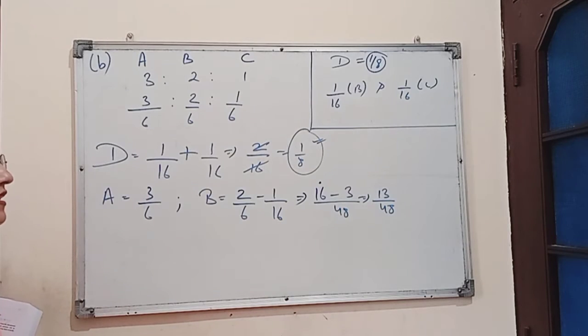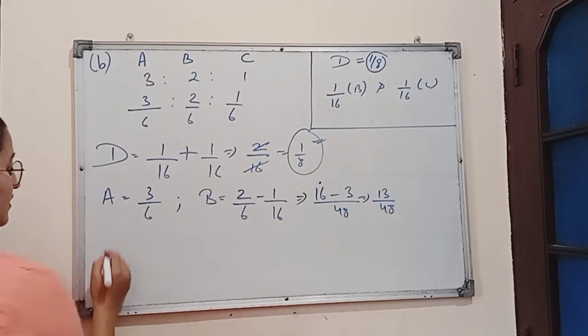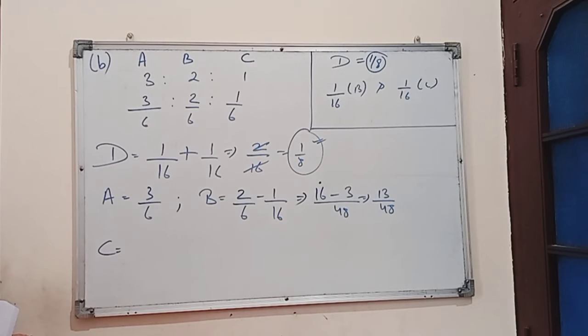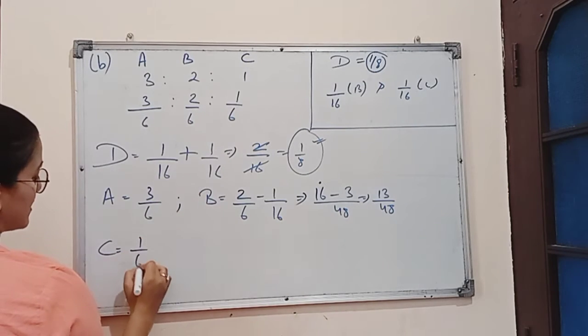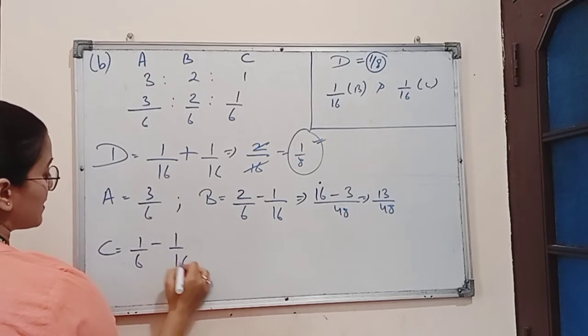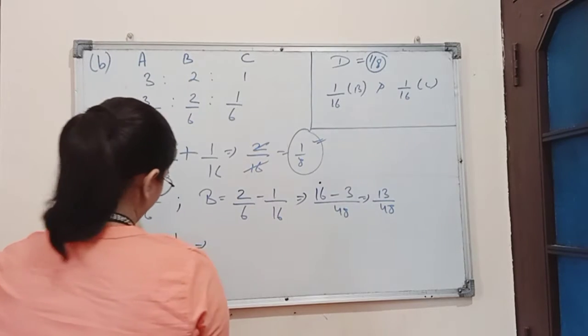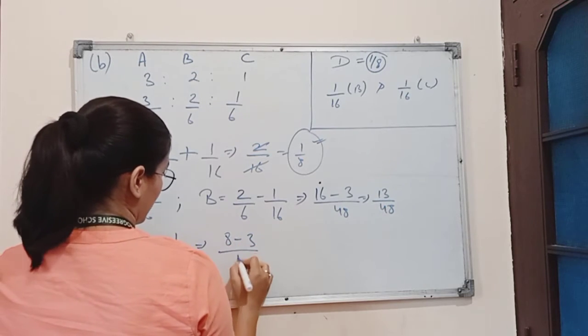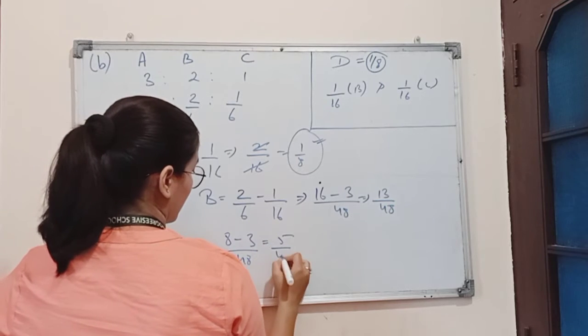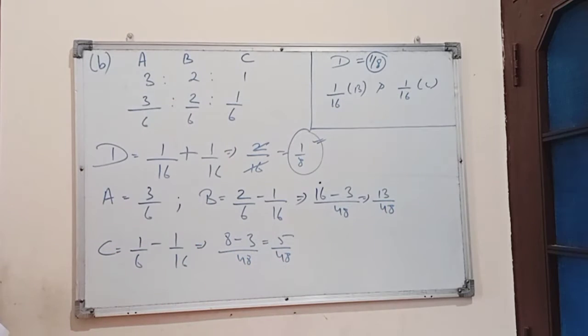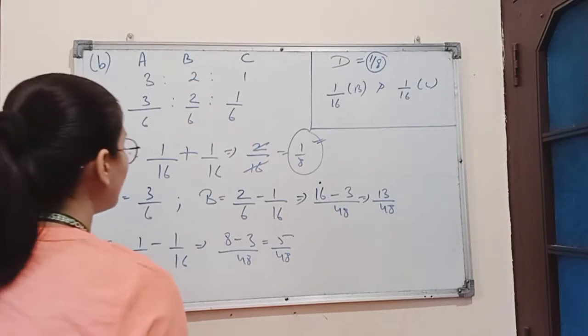Remaining share of B is 13 by 48. Remaining share of C will be, old share is 1 by 6, out of which 1 by 16 has been surrendered. 5 by 48 is the remaining share of C.